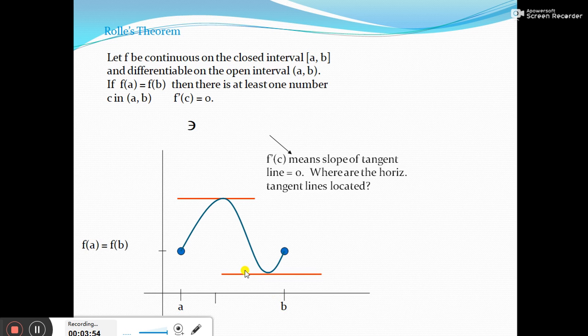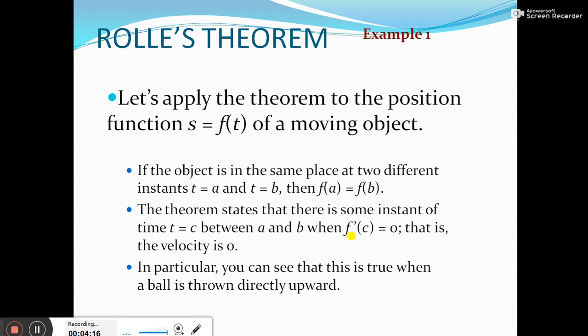And now at this point c and this point c, that means there is at least one point in this interval (a, b) where the tangent is parallel to the x-axis, whose slope f'(c) is equal to 0. This is the geometrical interpretation.